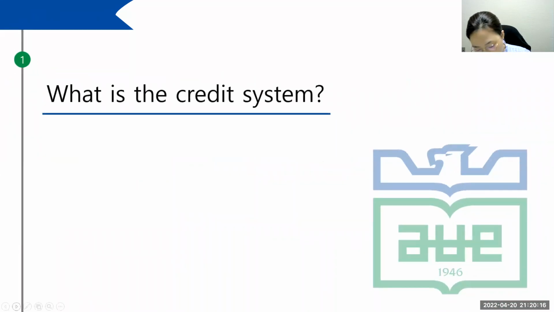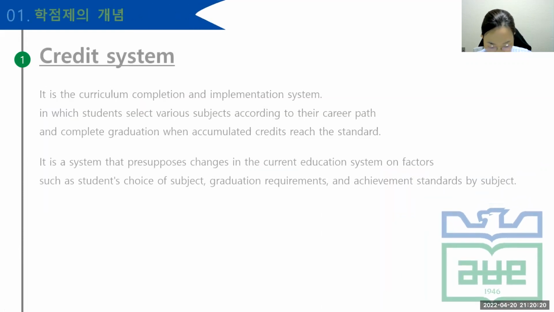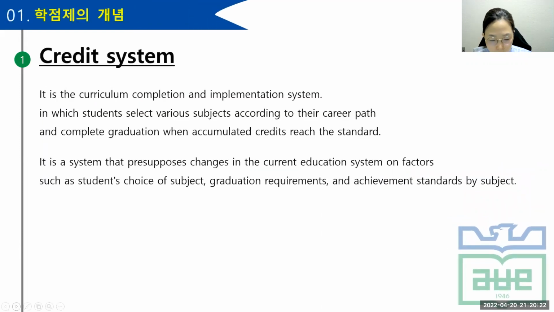And then, what is the credit system? It is a curriculum completion and operation system in which students select various subjects according to their career path and complete graduation when accumulated credit reach the standard.